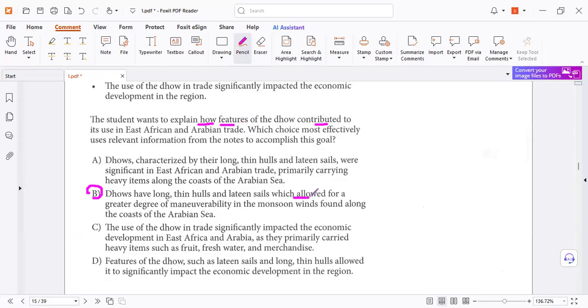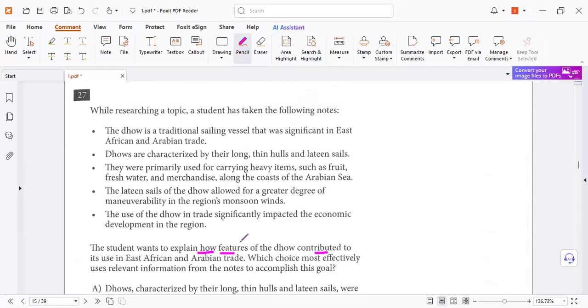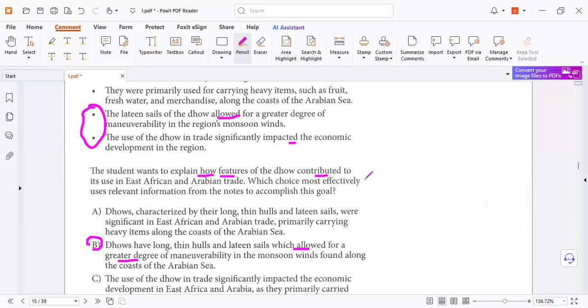Allowed for a greater degree of maneuverability in the monsoon winds. So allowed means contributed. Remember what the question needs: which point is mentioned about it? Like this, allowed for. So your answer must be here. And the impact is economic. So your answer must contain these.